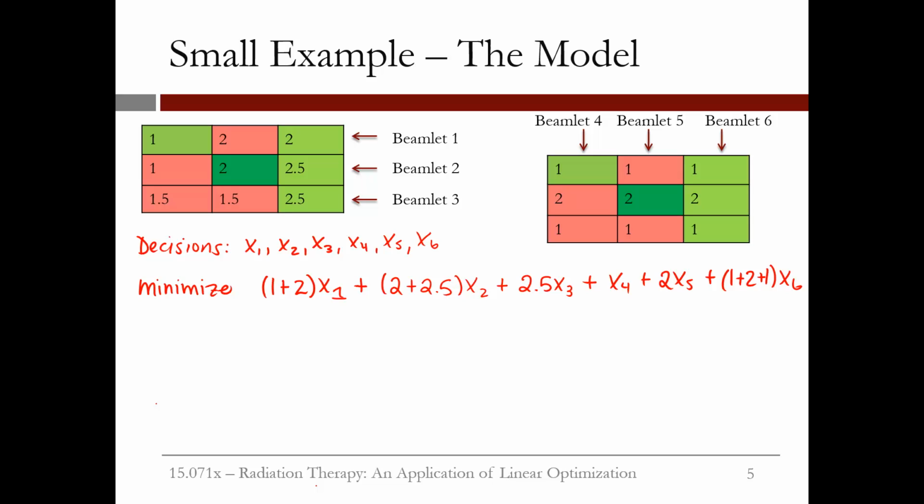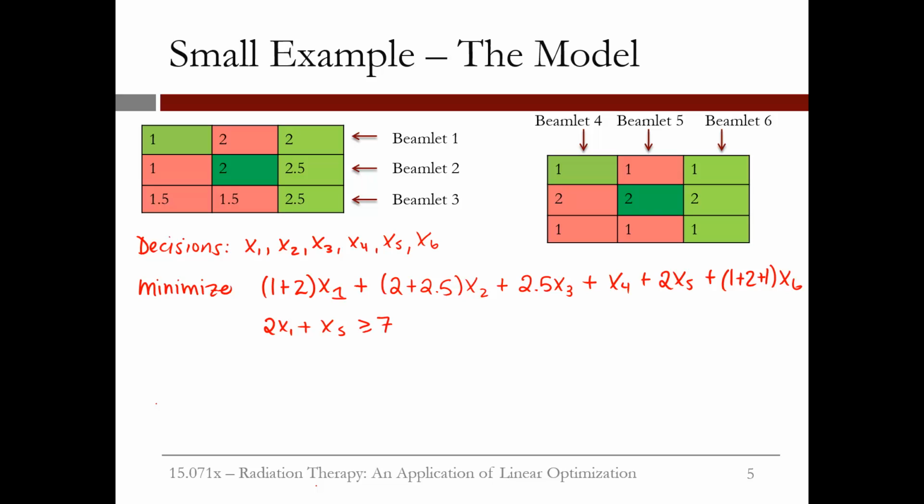Now for our constraints. First, we need to make sure that each voxel of the tumor gets a dose of at least 7. Let's start with the first tumor voxel in the top row. So 2 times x1 plus x5 needs to be greater than or equal to 7.